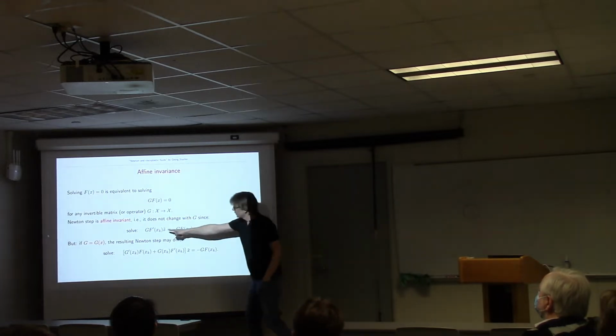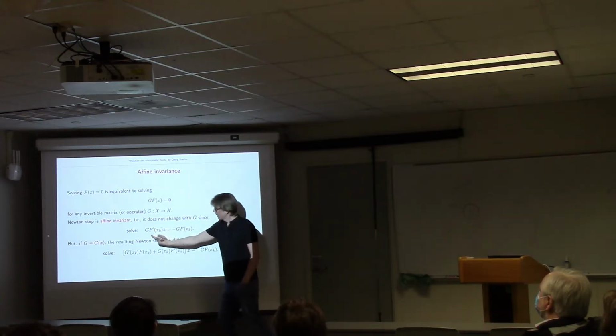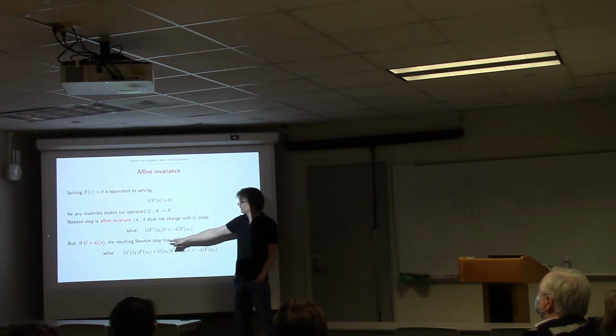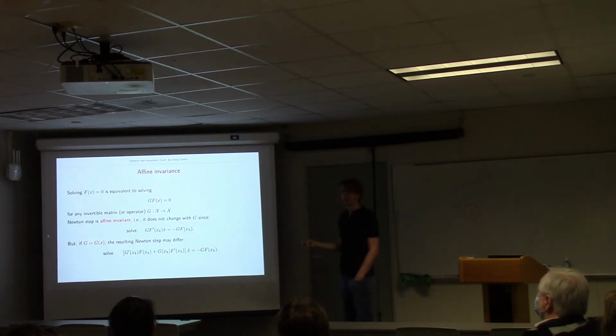You see it directly from this equation. If you have a G, then the Jacobian has this G outside, and the right-hand side also has the G. It's invertible, so you can just skip it, and the x tilde is unchanged. That's called affine invariance. So you're not going to get anything new by doing this trick.